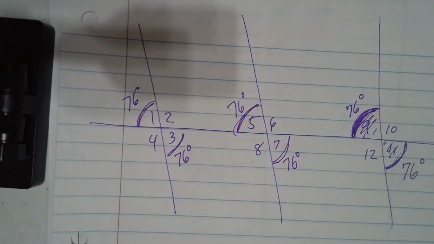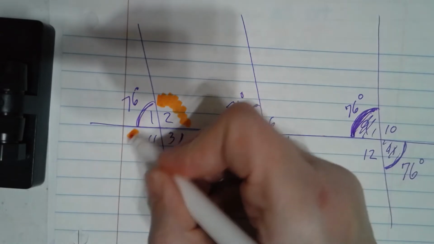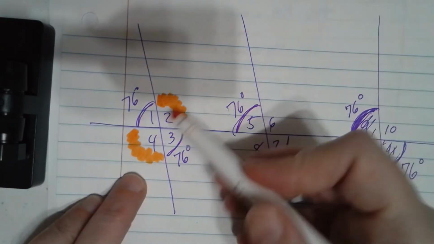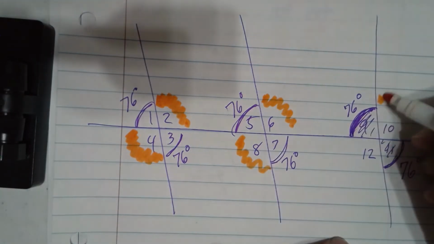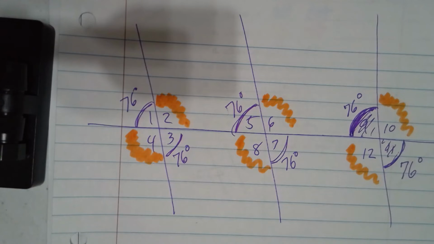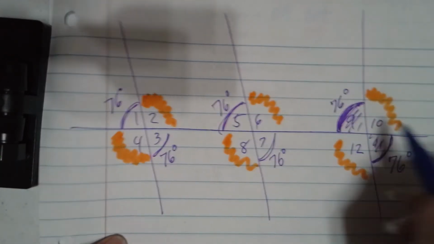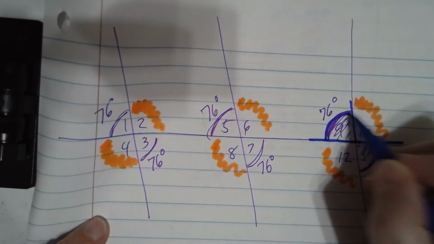Okay, which leaves us the rest of these. So notice that the angle 2 and angle 4, those are vertical angles. They're the same. Angle 6, angle 8, angle 10, angle 12. All of those are exactly the same. So the question is, how do we figure out that number? Okay, well, what do we know about these two angles that are right beside each other? 9 and 10.